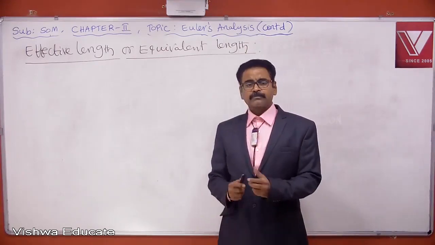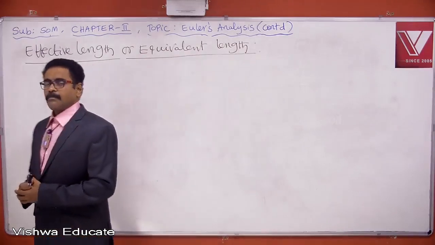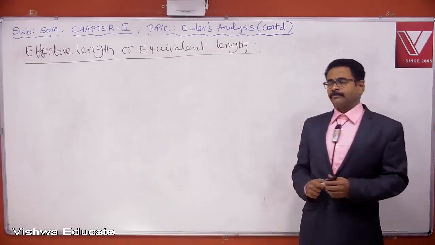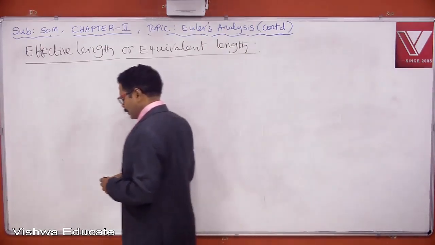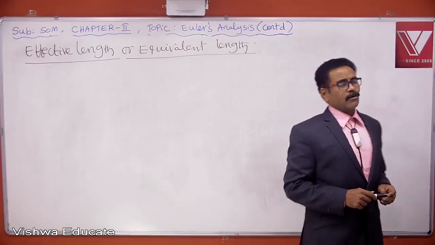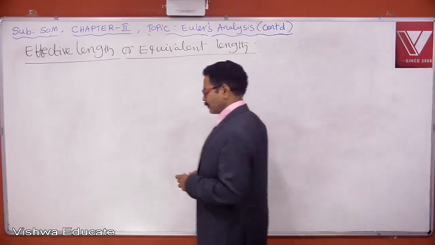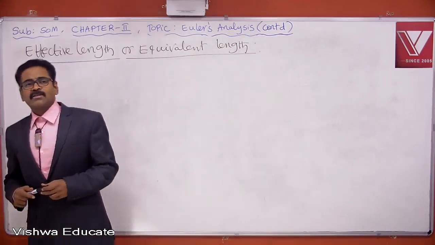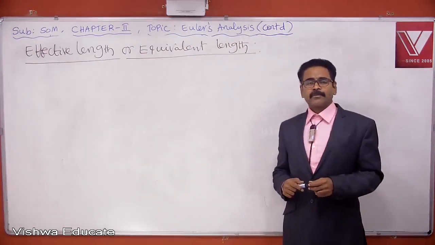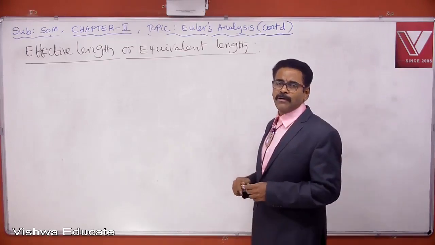Definition: It is length of column which gives same critical load as when the column is pin jointed. So effective length is defined with respect to pin jointed column.